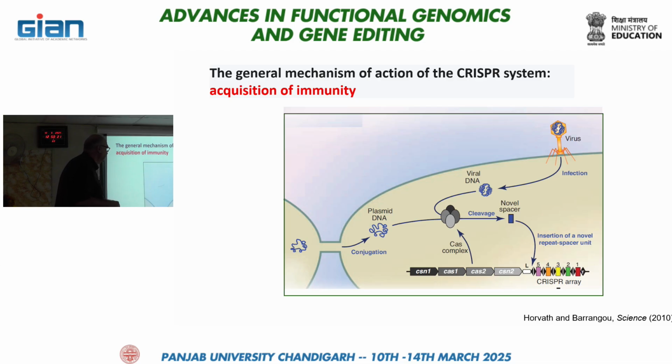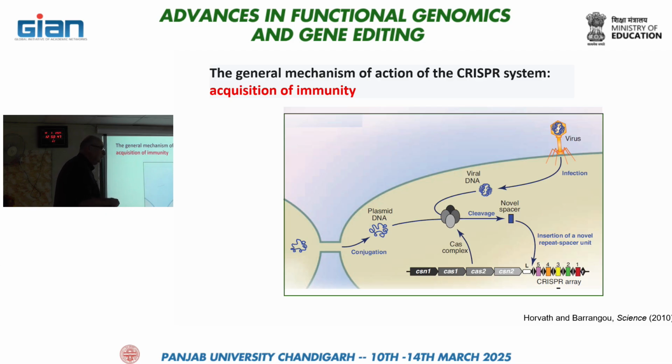This is done by the Cas complex, a nuclease complex transcribed and translated from the Cas operon, which will cleave this DNA and produce a novel spacer that is introduced into this CRISPR array.